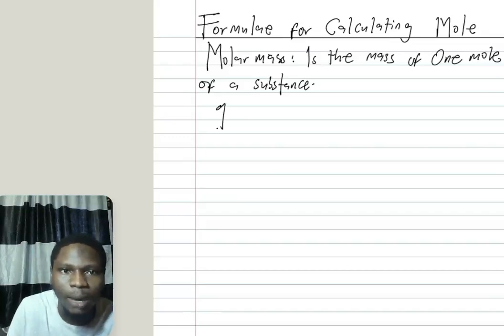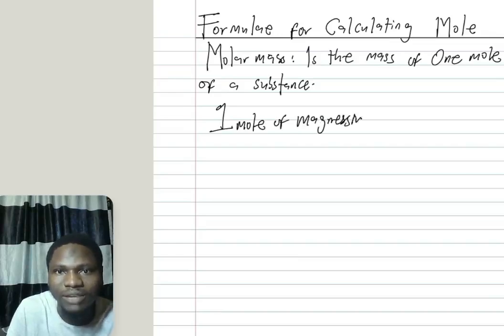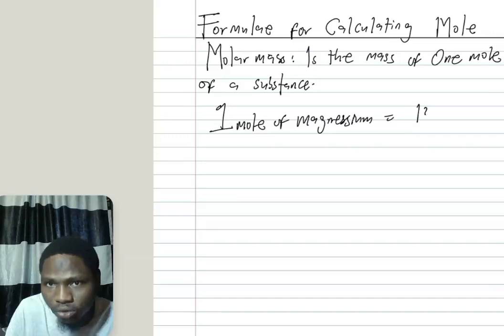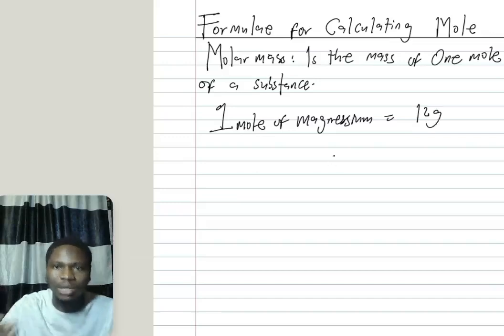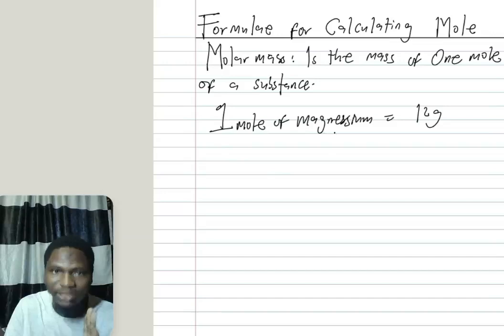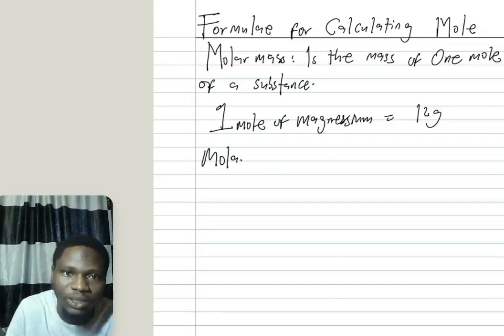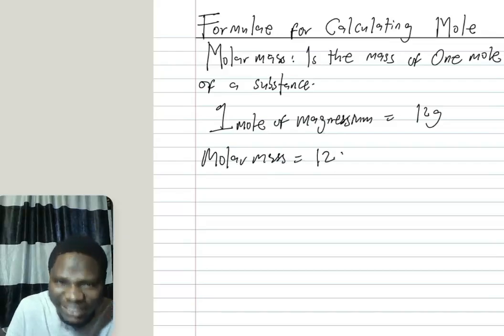If I say 1 mole of magnesium is equal to 12 grams, what does that mean? It means that if you pick 1 mole of magnesium and weigh it, it weighs 12 grams. If they ask you what the molar mass of magnesium is, it is 12 grams per mole.